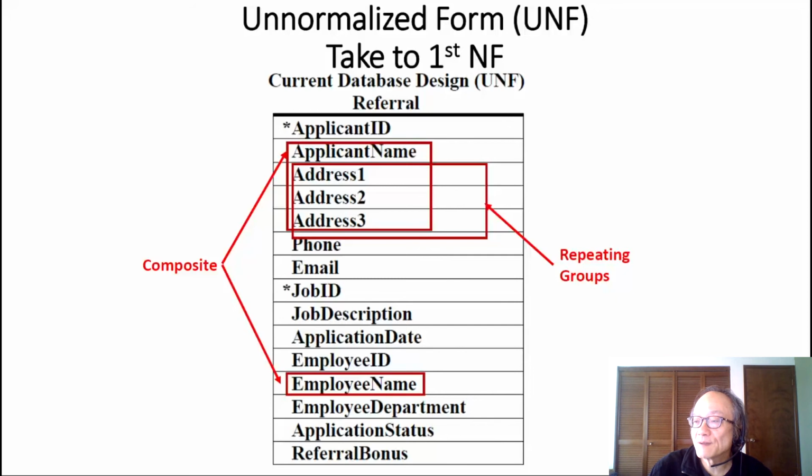We have several composite attributes, and there is a repeating group. We need to fix them. Think about how we can fix them.